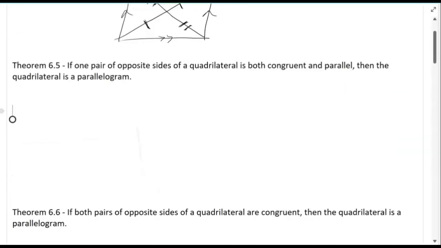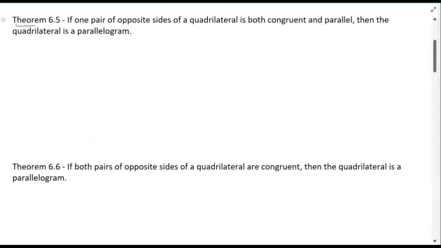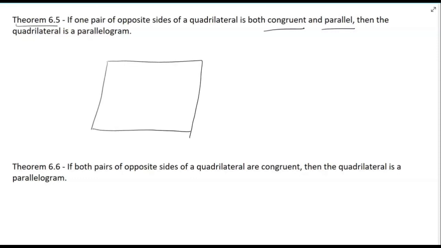All right. Next up, theorem 6.5. If one pair of opposite sides of a quadrilateral is both congruent and parallel, then the quadrilateral is a parallelogram. So if you only have information about one set of sides, but you know that they're parallel and also congruent, then the shape has got to be a parallelogram.